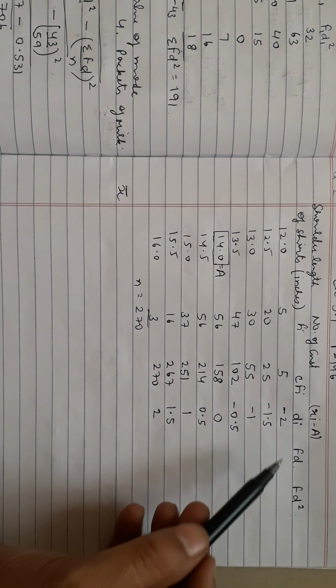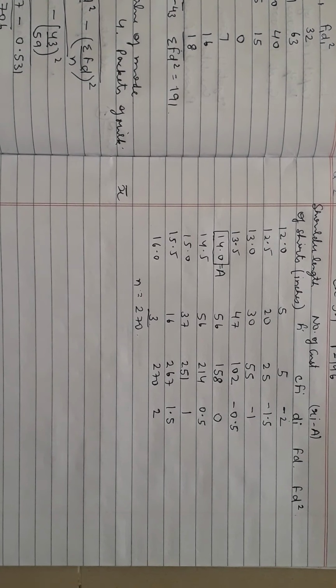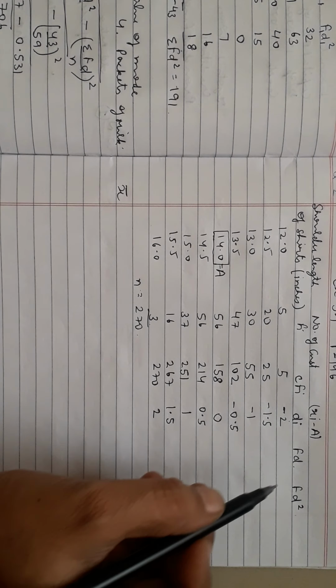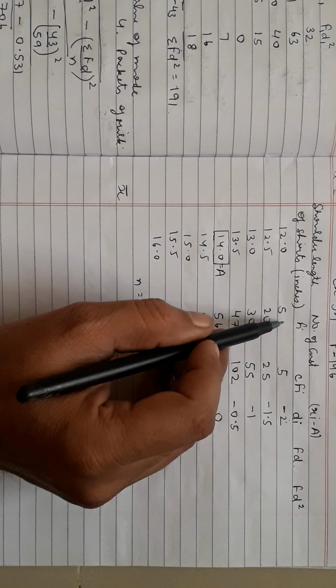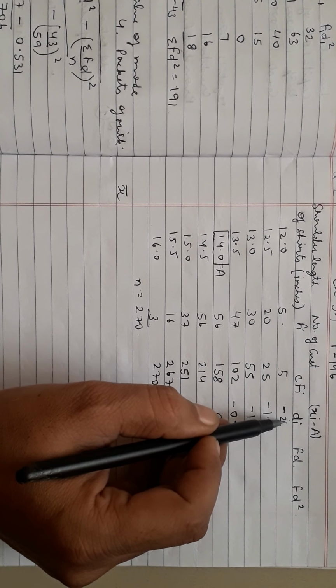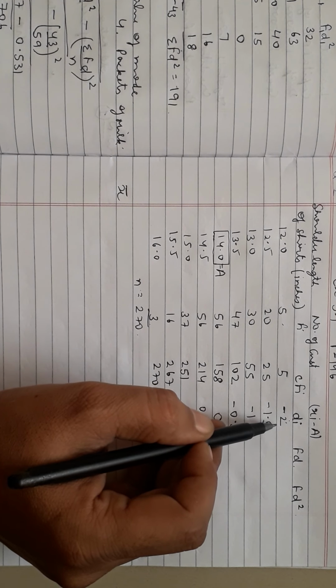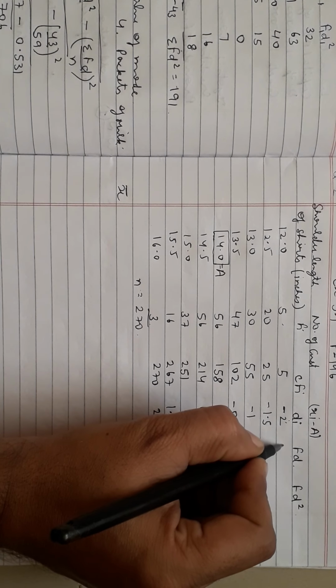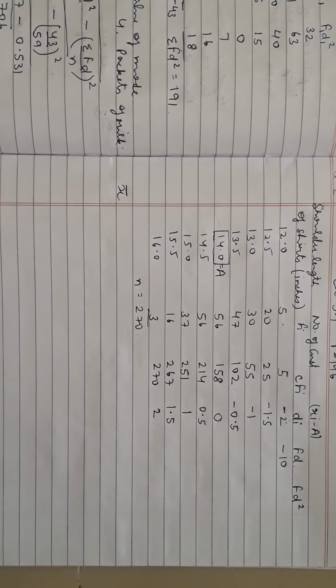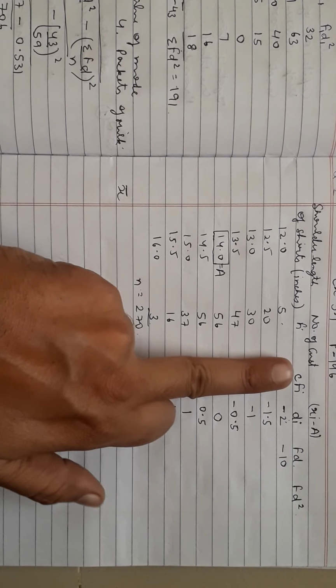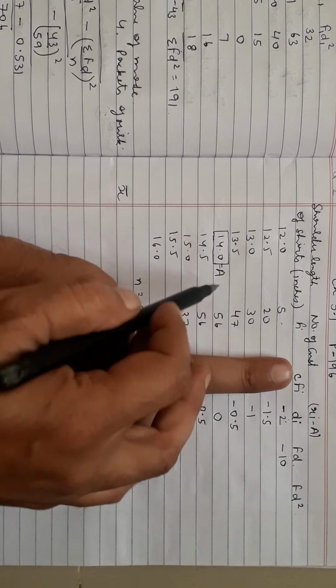Now we have got di. Next we will find fi di, that is fd, the frequency multiplied by di. So 5 multiplied by minus 2, we have got minus 10. To avoid confusion, you can hide this column and multiply these values.